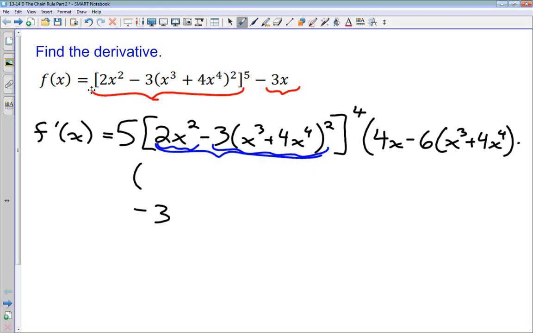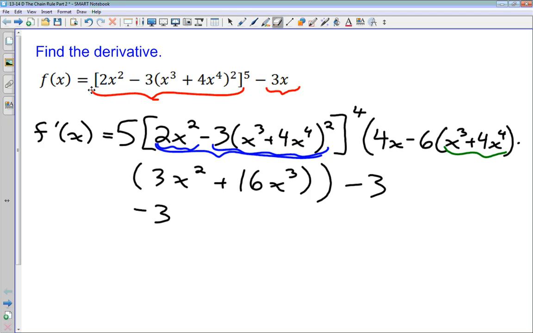Well, the thing that is inside is now this function here. So we're going to have 3x squared plus 16x cubed. So that closes off that bracket, and then we can move this minus 3 up there. So there is our derivative.